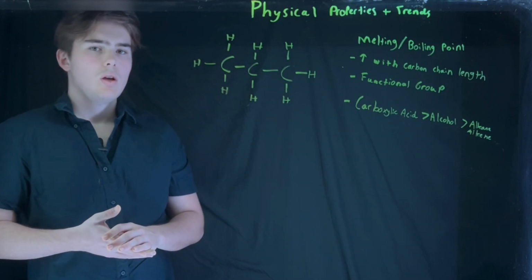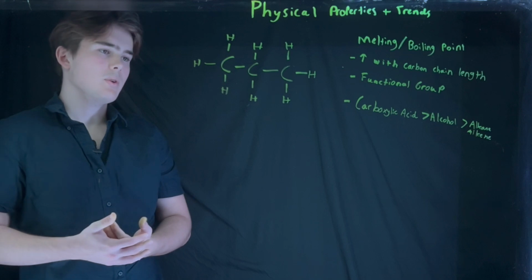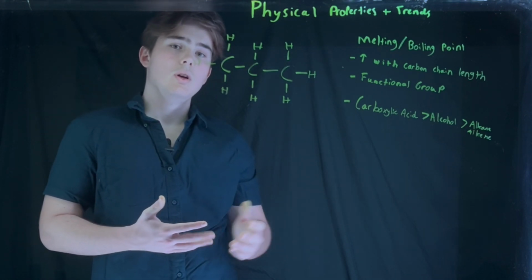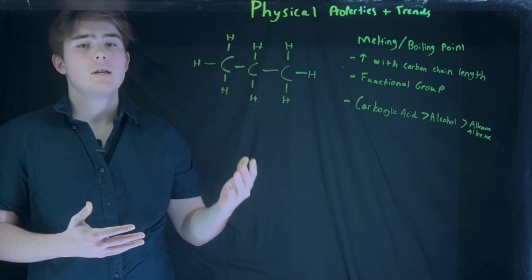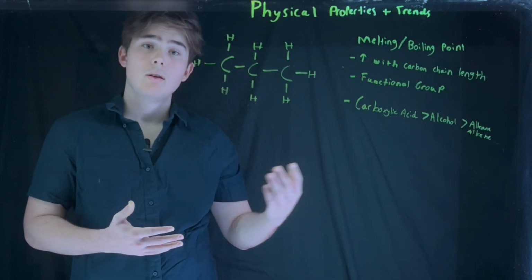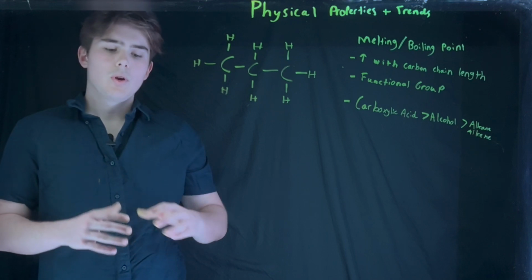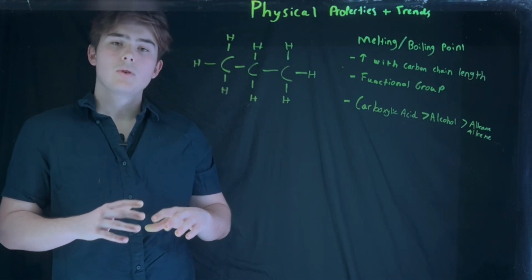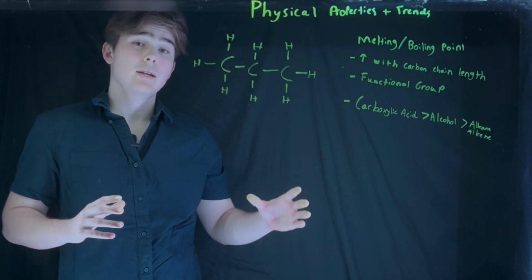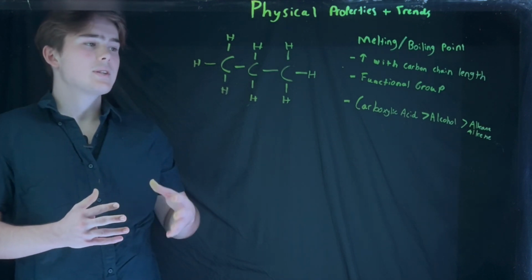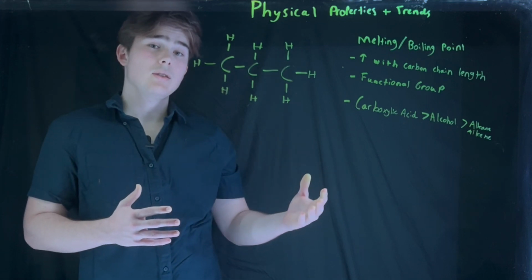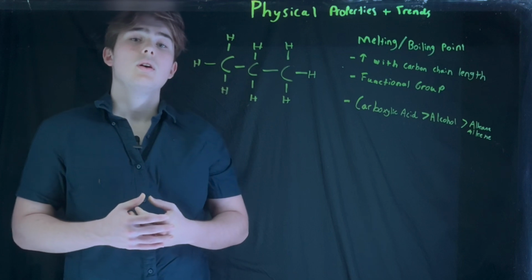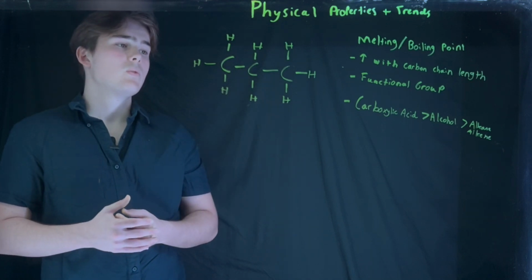Okay, so for instance, if we had a long carbon chain organic molecule, something like pentane, hexane, heptane, if we put that in water, it's going to be harder for that molecule to dissolve because of its increased carbon chain length. So if we have 6, 7 or 8 carbons in the carbon chain, it's actually going to be harder for that molecule to dissolve in the water when compared to something like this here.